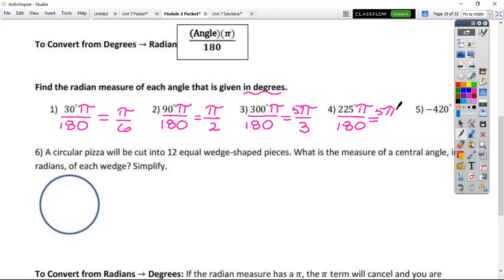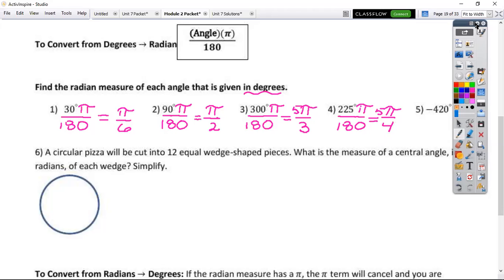And then I gave you a negative angle. Do you think you're going to do the negative angles any different? Nope. So you're going to take that last one and multiply it as well. So I'm going to go the negative 420 degrees times pi divided by 180. And go ahead and let me know when you have that answer as well.